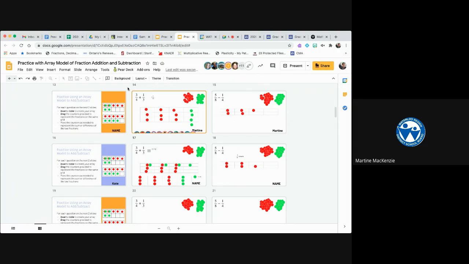I started to put the green circles, but I realized that once I put them in with the red dots, I couldn't erase them. So I undid what I did, and I knew that I needed to do 4 green dots. So I put 3 of the 4 here, and the last one was outside. So it was 1 whole and 1/12.